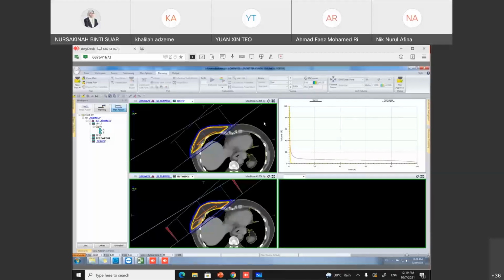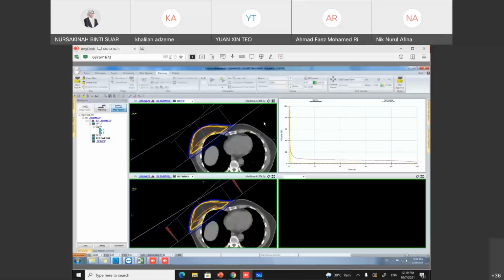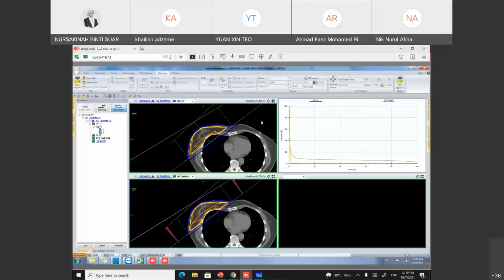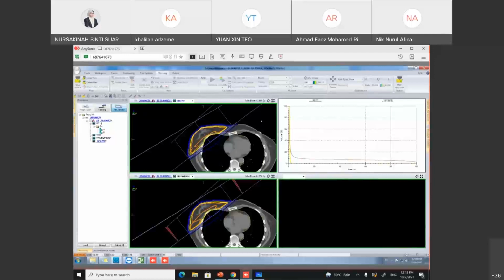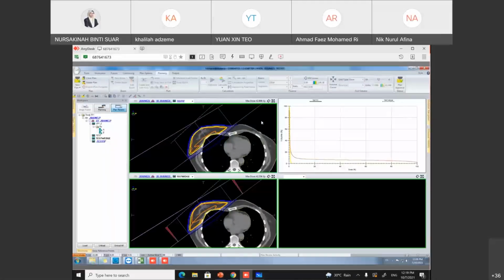But from this, you can really see the benefit of the field in field technique. So I hope you learn the field in field technique now, and when you become a physicist, you can teach other centers. I'm not sure how many centers practice this here.